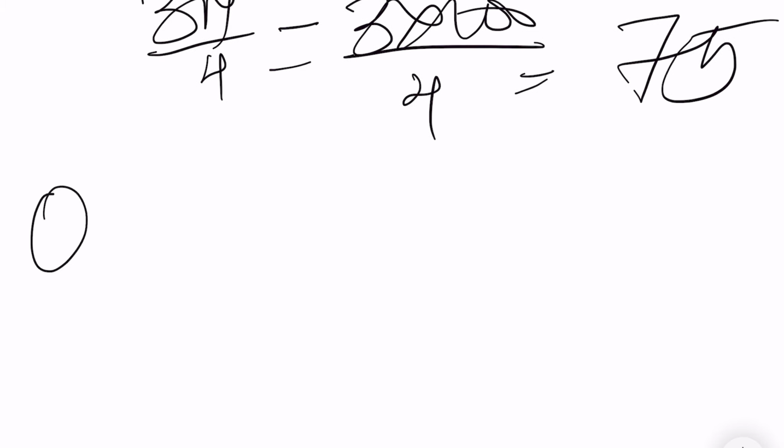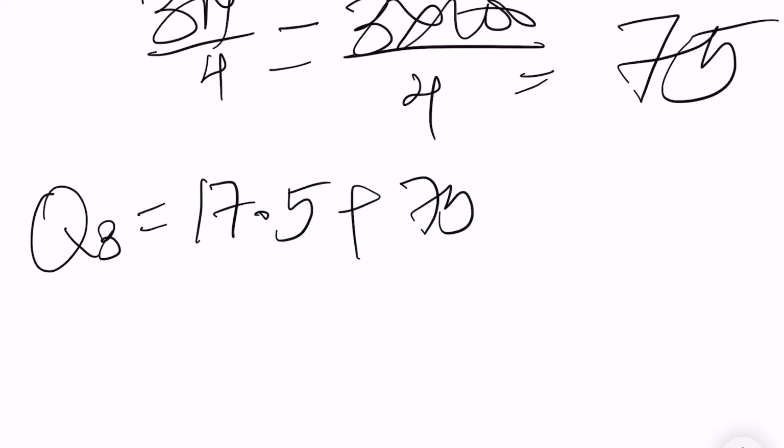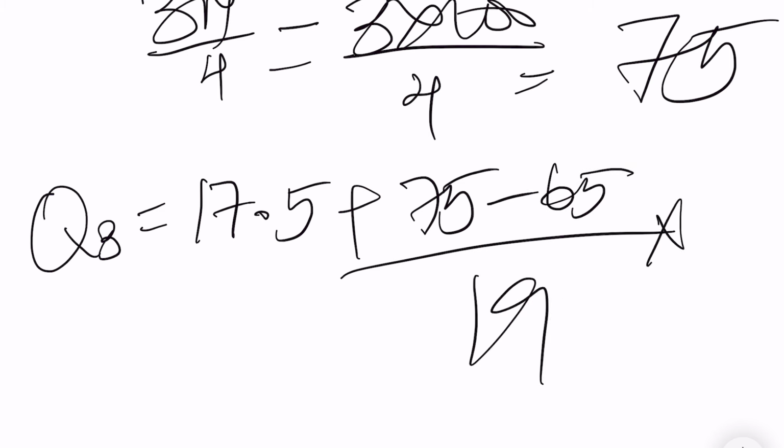Now, our Q3 will be 17.5 plus 75 minus 65 over 19 times 2, where our lower class limit is 17.5 for the class 17.5 to 19.5 containing 75.